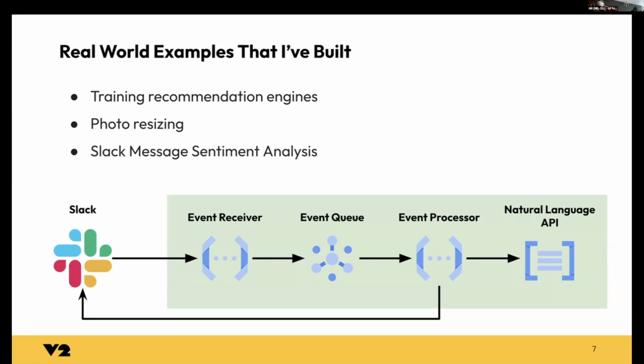But it would put the message on the queue, another cloud function would pick it up and call the natural language API that GCP offers to come up with a sentiment analysis, and then respond back to Slack with that analysis. The reason we needed to do this was that the natural language API was quite a hefty transaction, so we did an immediate response and processed the rest separately.